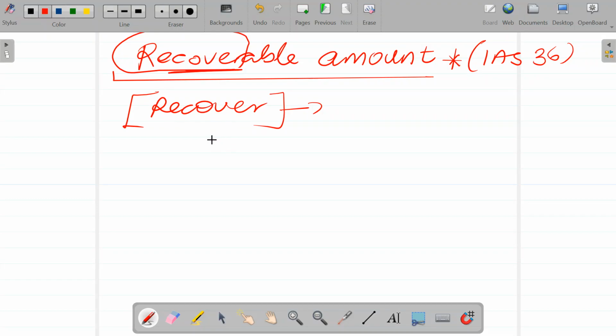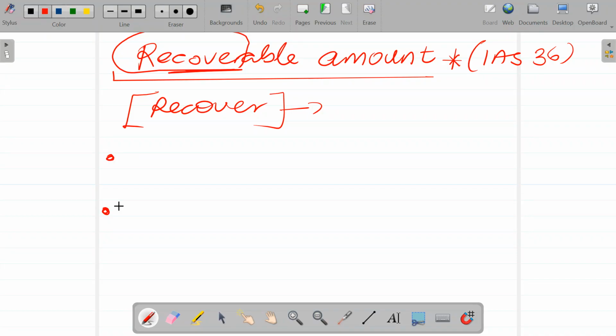And what are the ways we can get value from an asset? If you have an asset, how can you derive its value? Let's say you have a vehicle, you have a car. How do you benefit from the vehicle, or how do you take the benefits out of the vehicle?